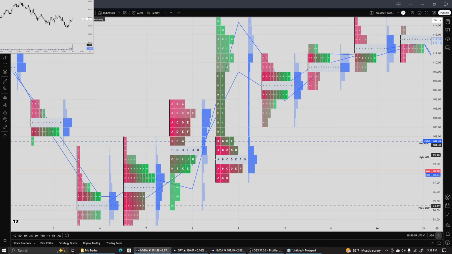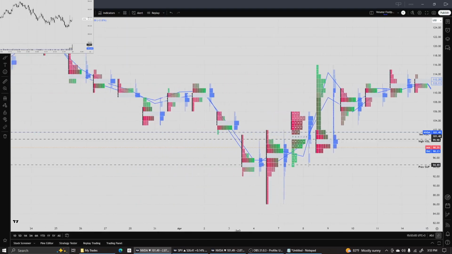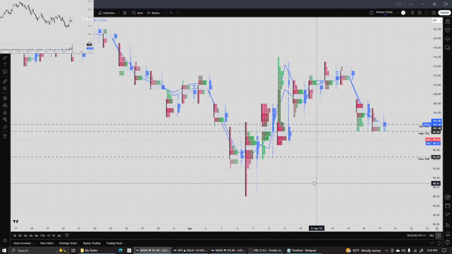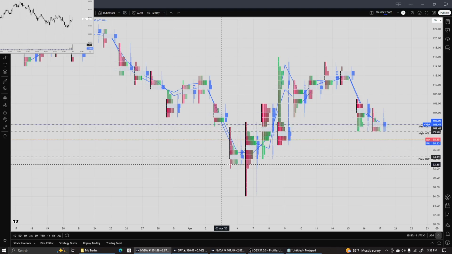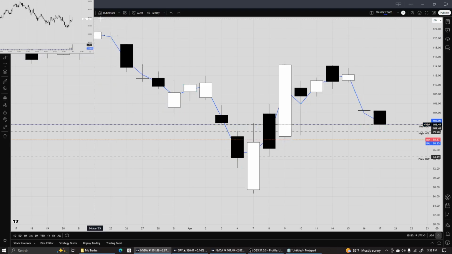Next, use fixed range volume profile to mark the areas with most volume traded recently. So I will mark the areas after NVDA broke this 101.5 level, starting from here to there. Let's switch back to candlestick.